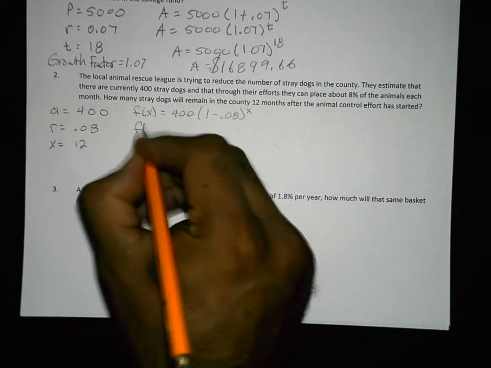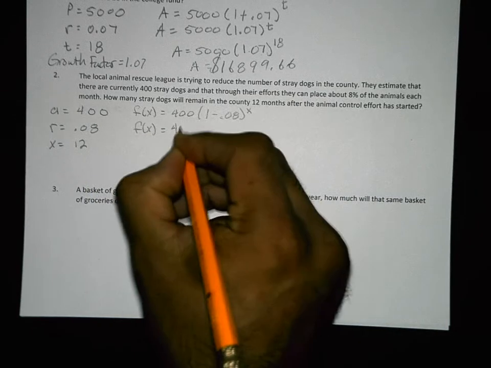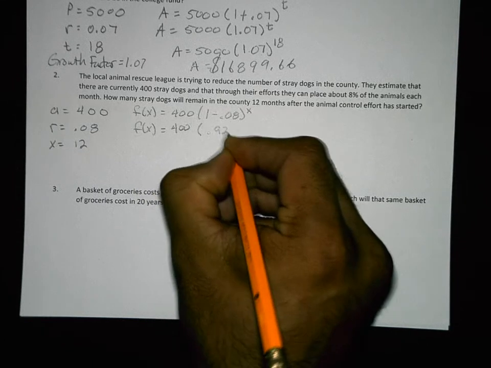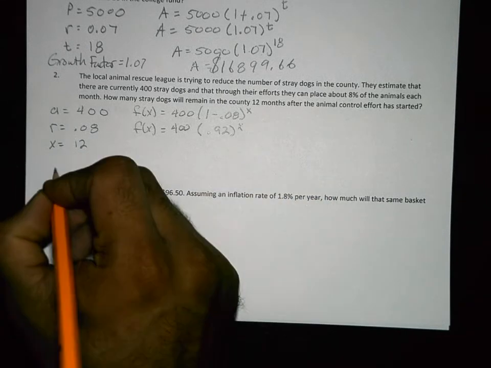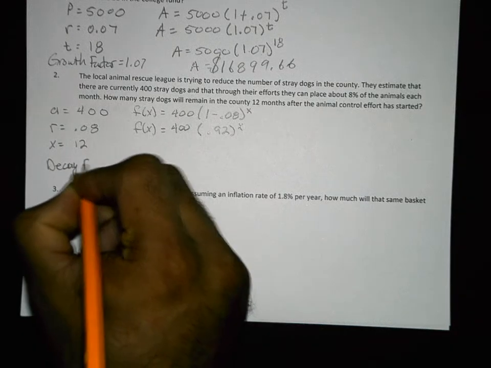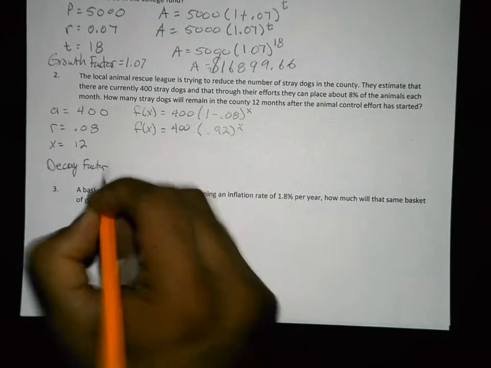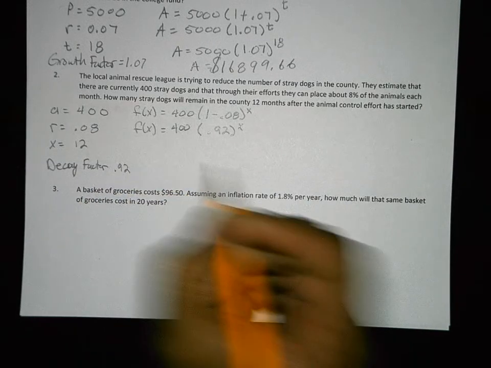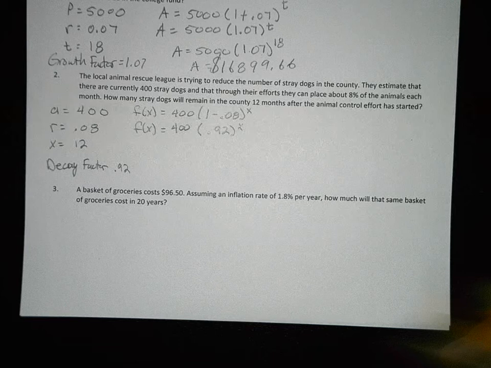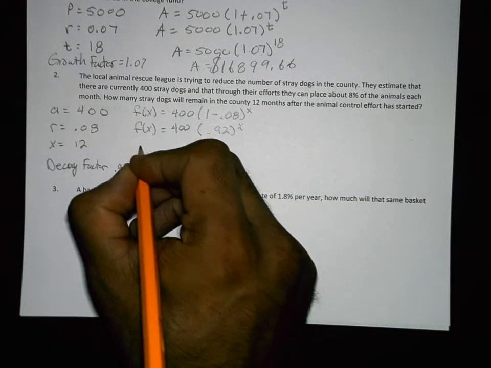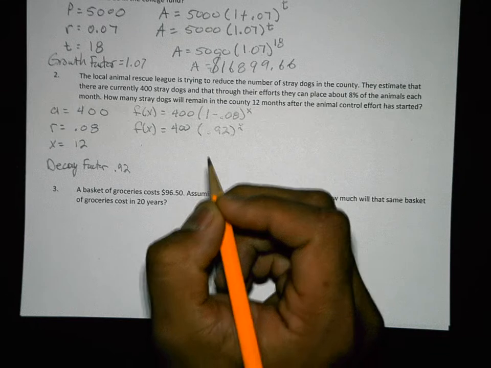I'll simplify this a little bit, and this is going to be 0.92 to the x. So my decay factor, which is a good thing to always check for, is 0.92. And you can see here that it is going down, so this should be less than 1, and it is. So we're looking at 12 months.